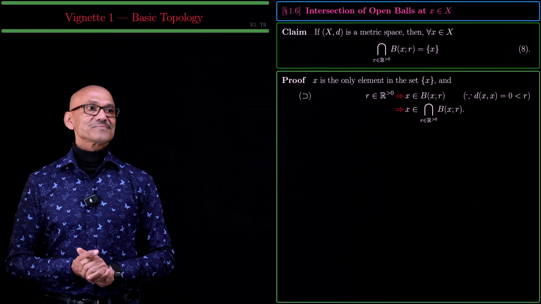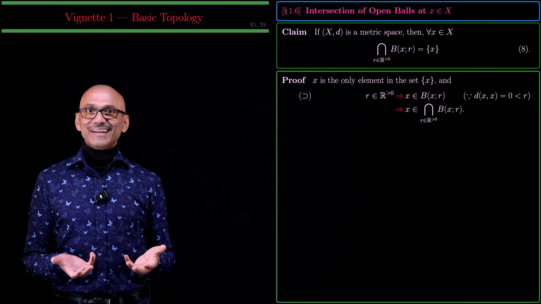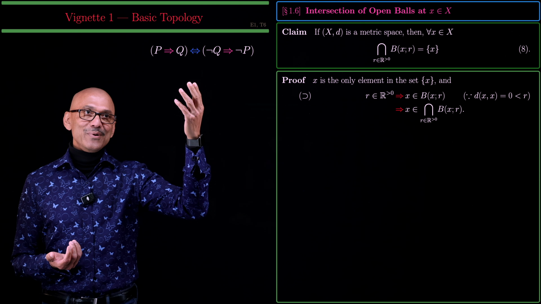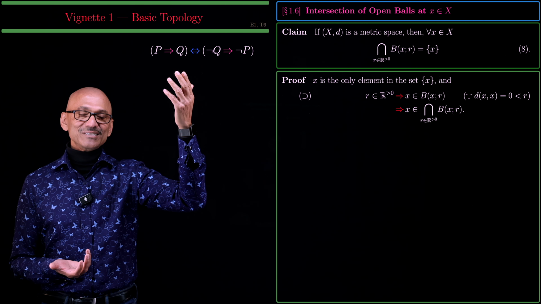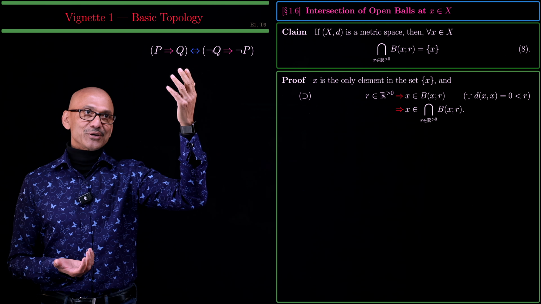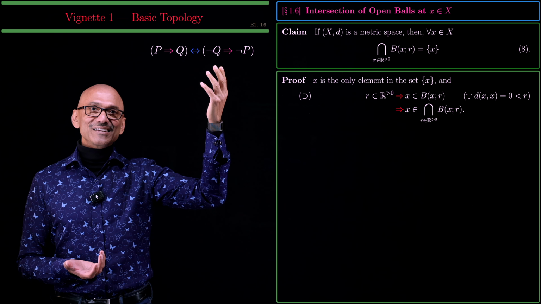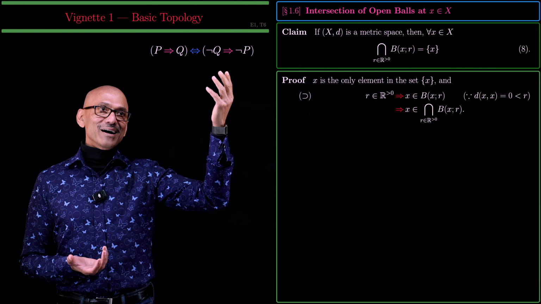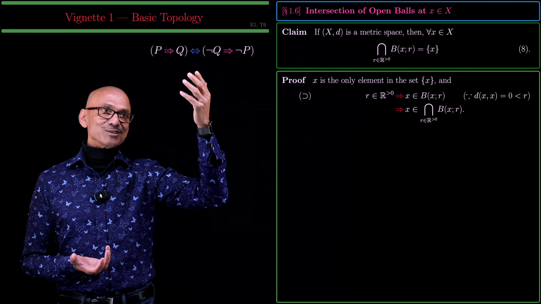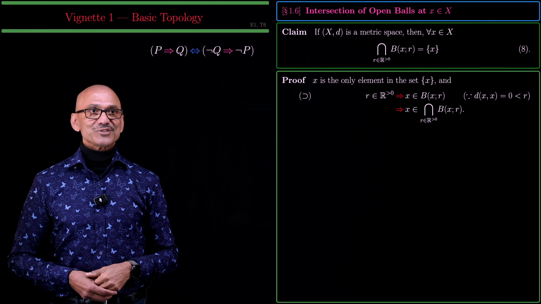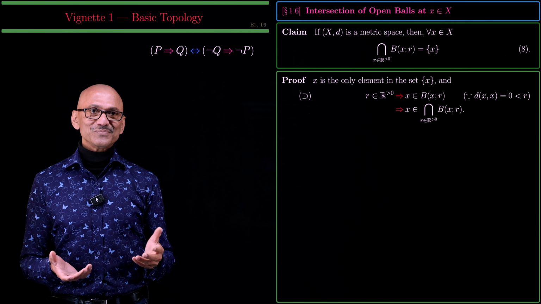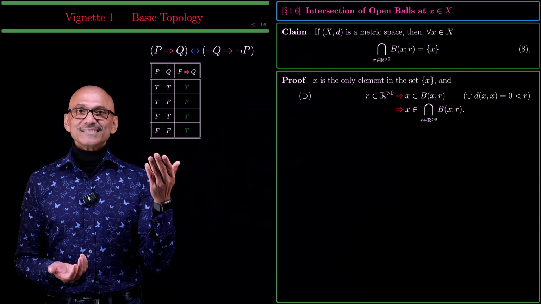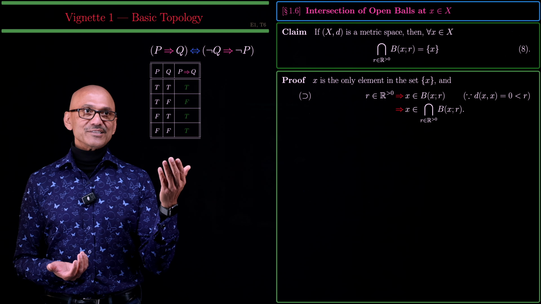For the left inclusion, let's take a small detour. I claim that whenever we need to prove an implication, antecedent P, consequent Q, we can equivalently prove the contrapositive. Not Q implies not P, taken by negating the antecedent and the consequent and swapping their position. Why? How? Well, let's take a look at the truth table for the implication. The antecedent takes two values, true and false, and so does the consequent.